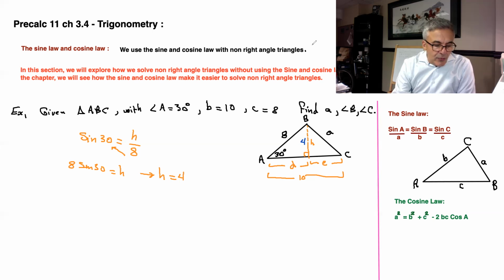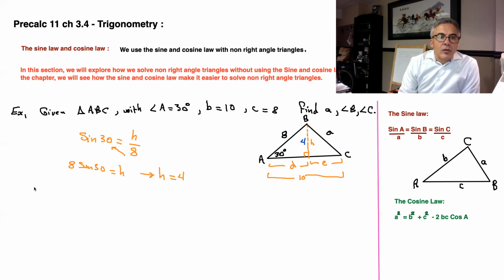If we know H is 4, then we could find out what D is. And we could find out D using cosine. So we could go cos 30 equals D, the adjacent, because this 30 is adjacent, which is D, over the hypotenuse, which is 8.